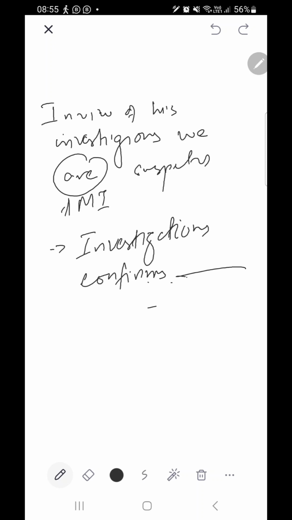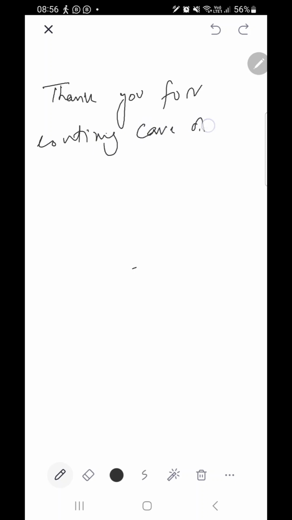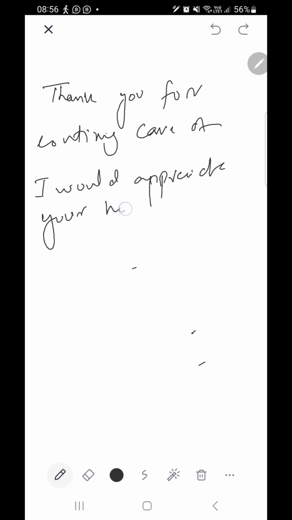So now we have a few examples that we discussed, some of the lines that you can use when you are closing the letter. We can use this line: Thank you for, let's say, the discharge letter, continuing care of whatever, and I would appreciate, let's say as well, your home visit.